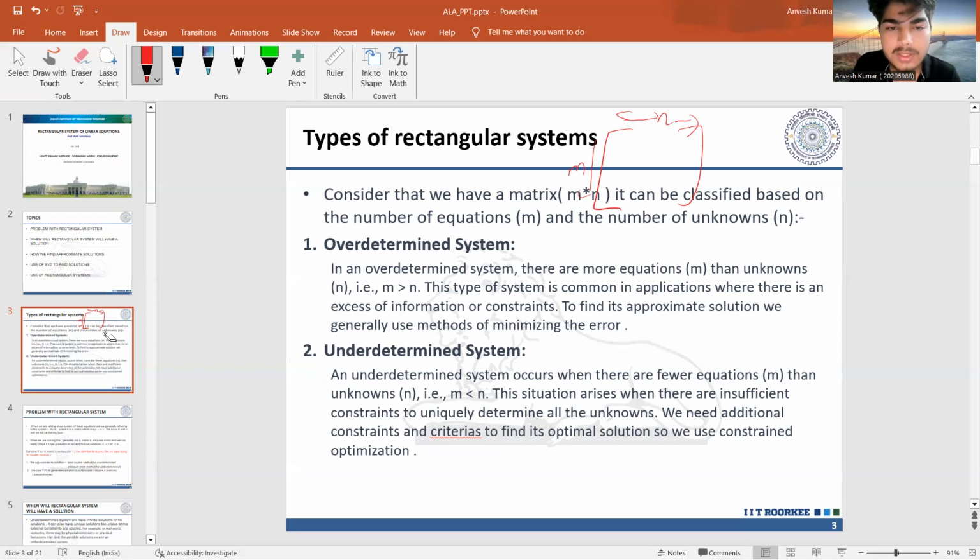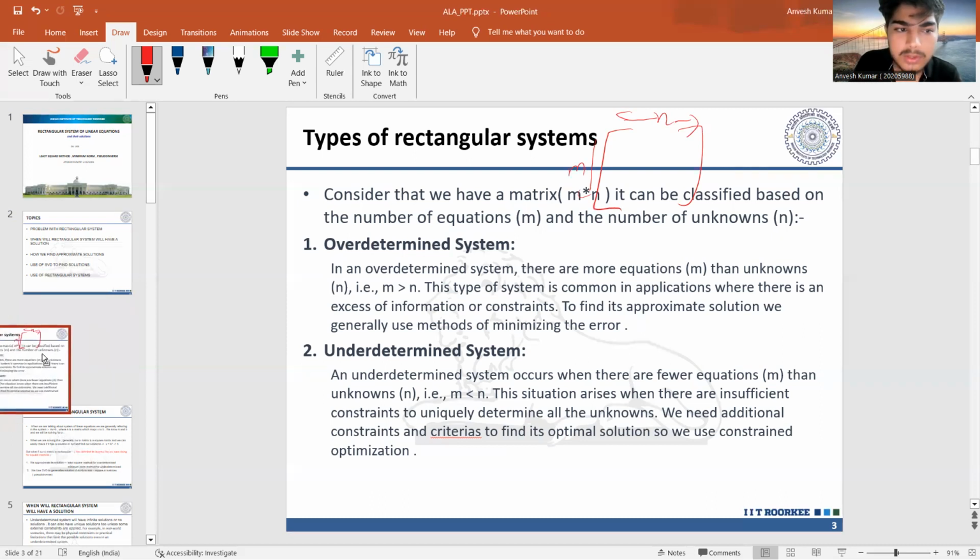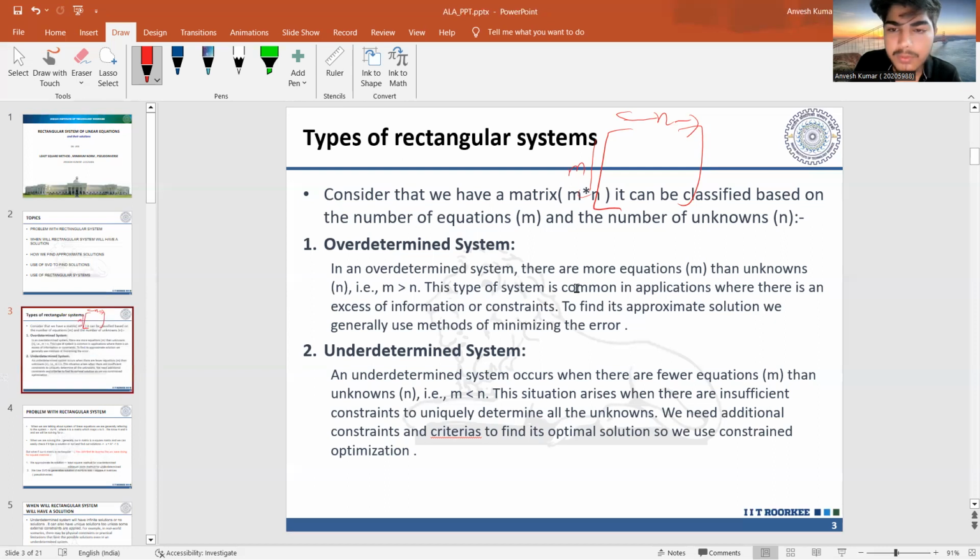Those types of systems are called overdetermined, in which we have more equations than variables. This type of system is common in applications where there is an excess of information or constraints. These systems generally don't have a solution, so we find approximate solutions generally using methods of minimizing the error.